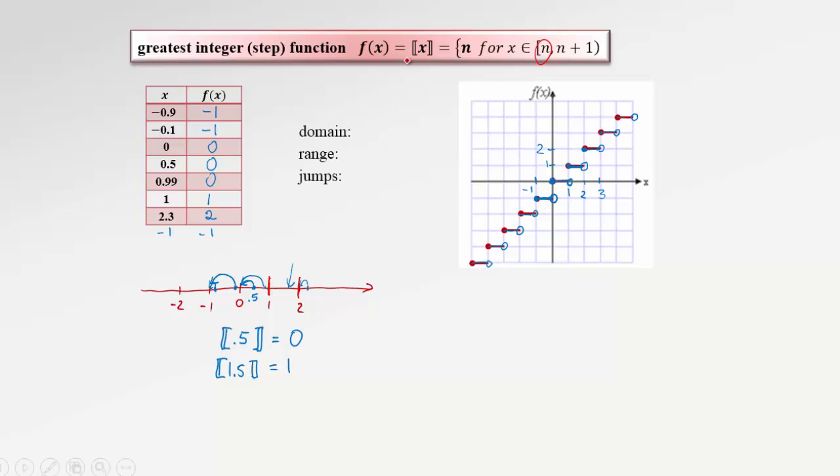Okay, let's look at the domain of this funny function. Again, recall that domain is the set of all x values that we can actually take and evaluate the greatest integer of. But any x value, any real number, has its greatest integer, has an integer that kind of supports it. It's closest from the left, closest but not exceeding it. So the domain is all real numbers.